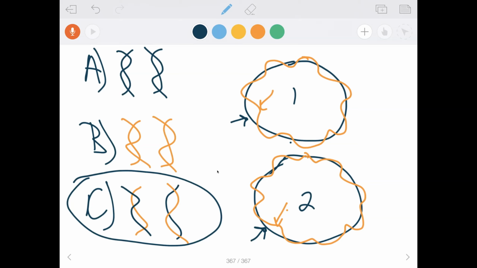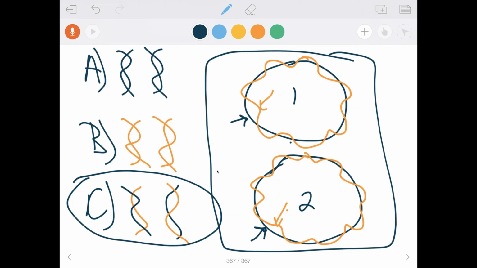If something was not conservative at all, you'd only have new strands. But if you are semi-conservative, you have a mixture. You have one original strand matched with one new strand. And that's what you have here.